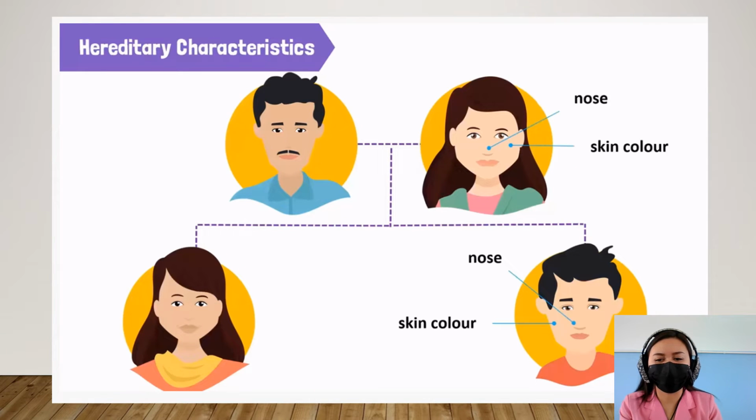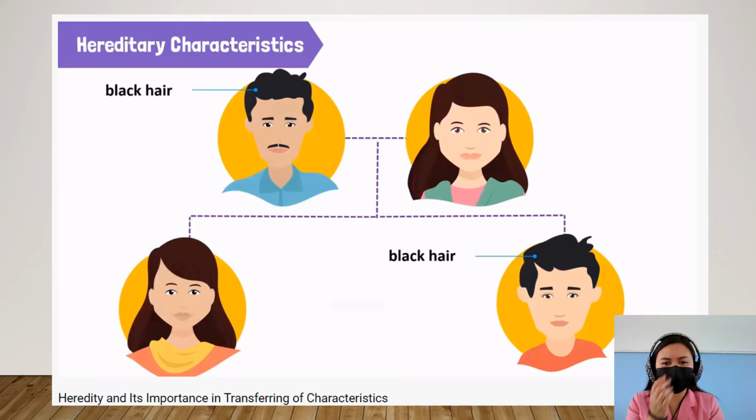How about the son? The son gets his nose and skin color from his mother, but his black hair he gets from his father.